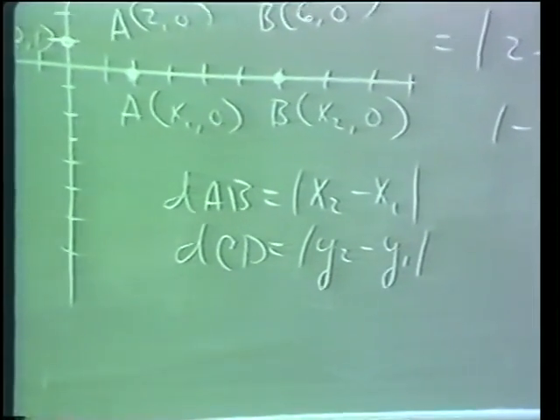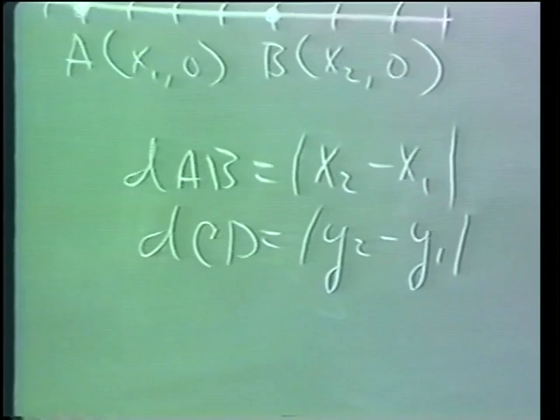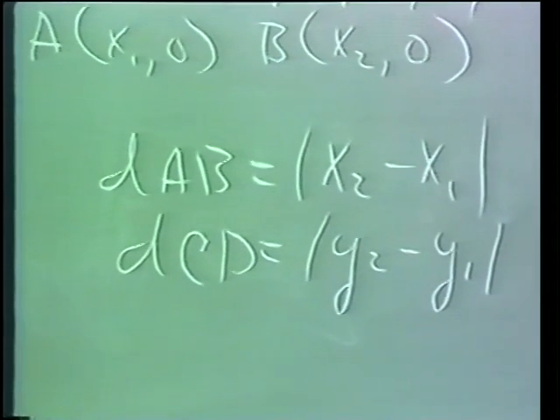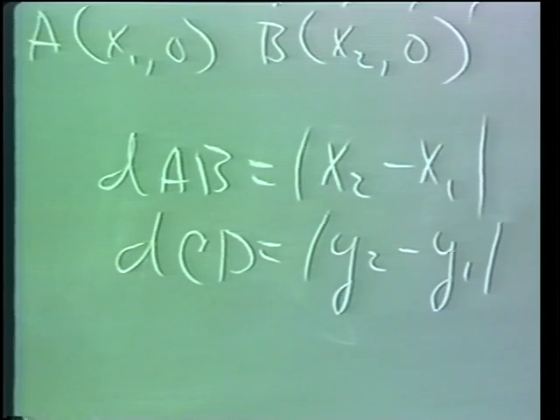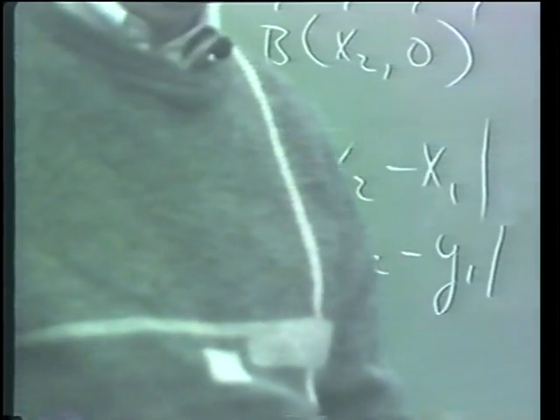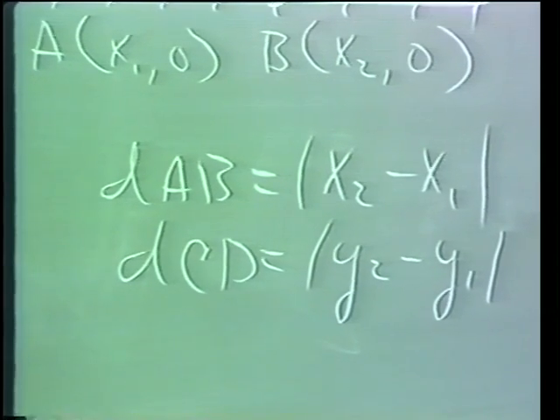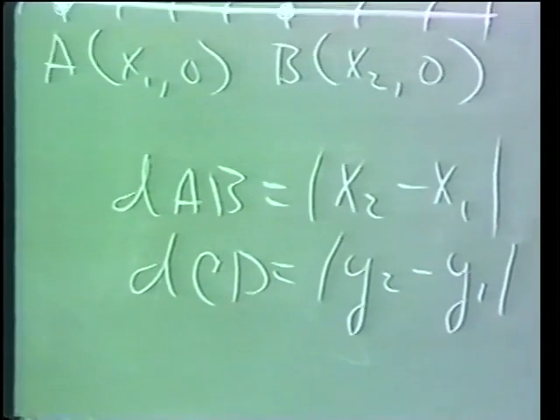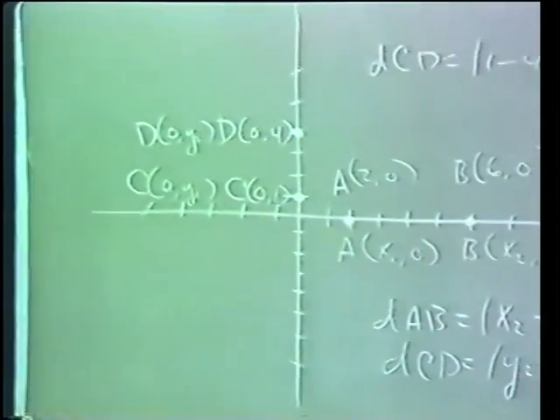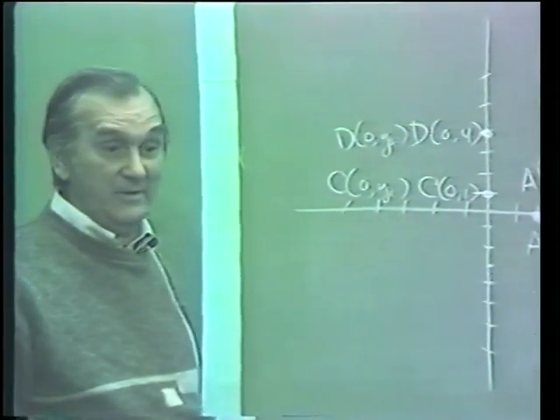And there we have the formula for finding the distance on any line on the y-axis or parallel to the y-axis. But that doesn't do us too much good, because almost all our lines are neither parallel to the x nor the y-axis.